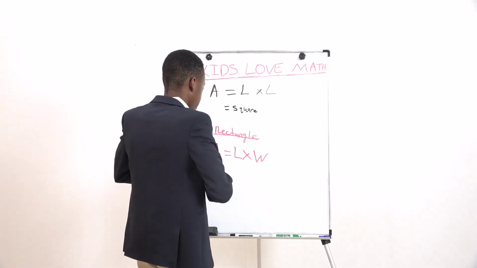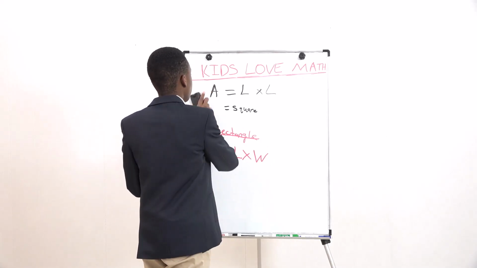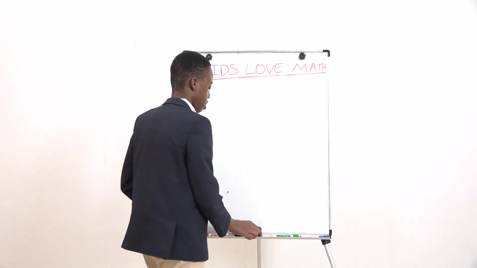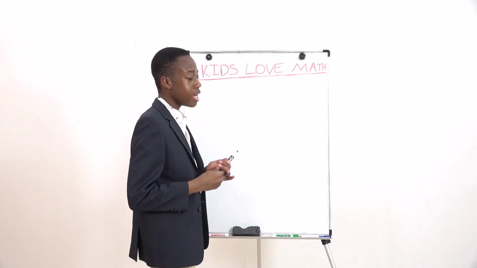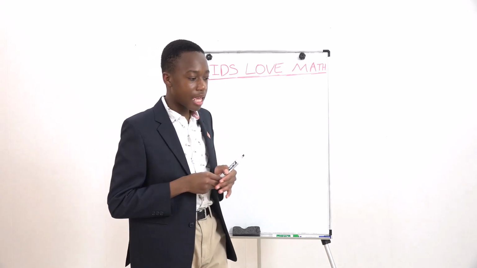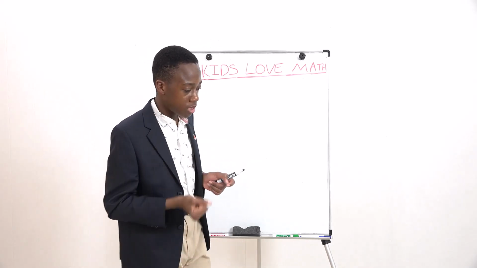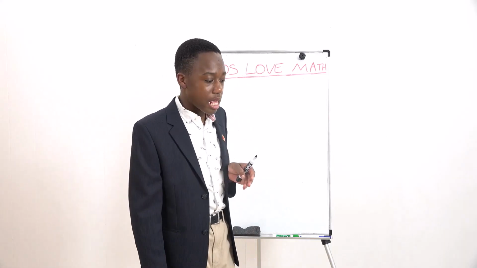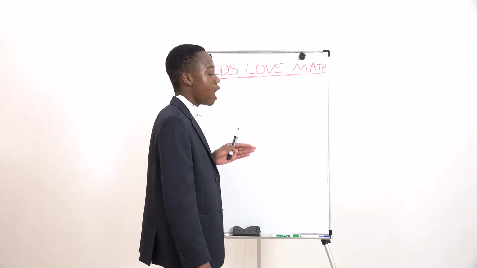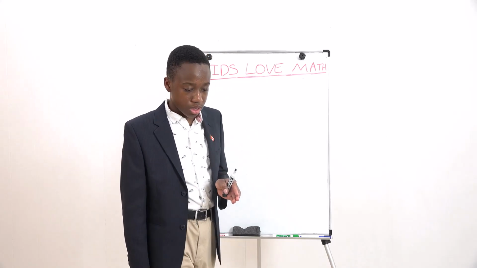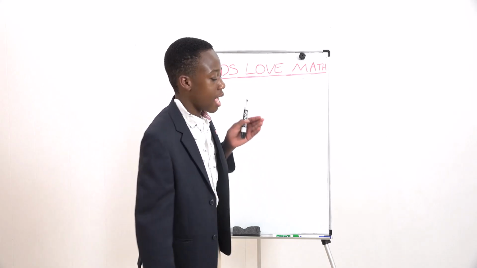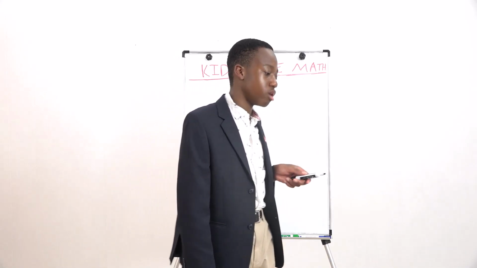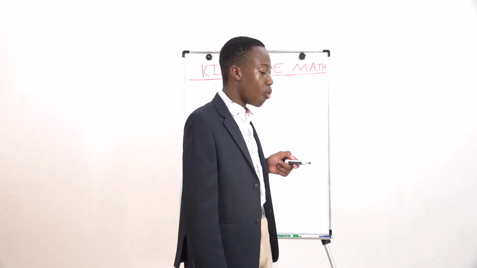Review. I'll just give you one more question to see if you've mastered it. Sally has a box, and on her test there's a square that is 7 centimeters. It has 7 centimeters, and the side length is also 7 centimeters.